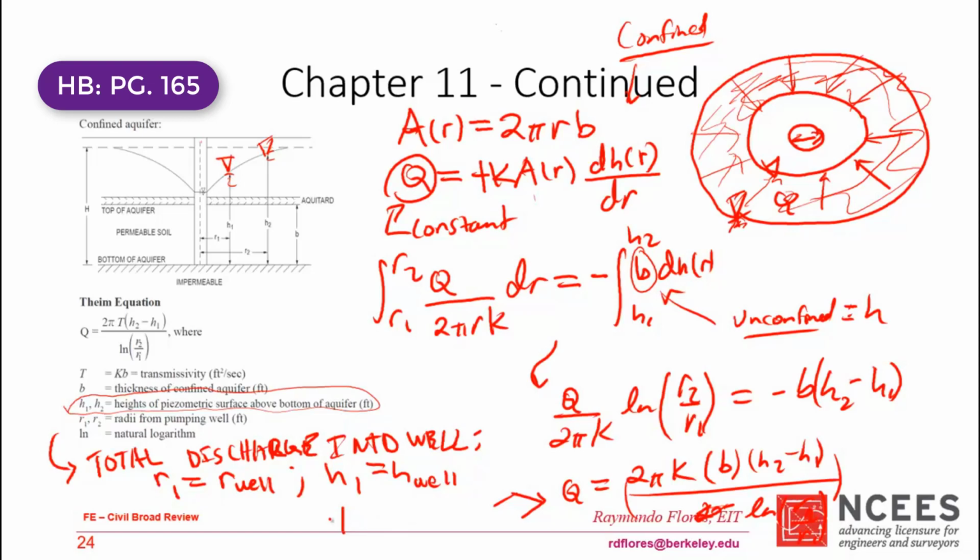So we're going to define something called the transmissivity, and that is going to be equal to k times b. So this is going to end up being 2 pi T times h2 minus h1 divided by ln of r2 over r1. So that is in fact the equation that we have.